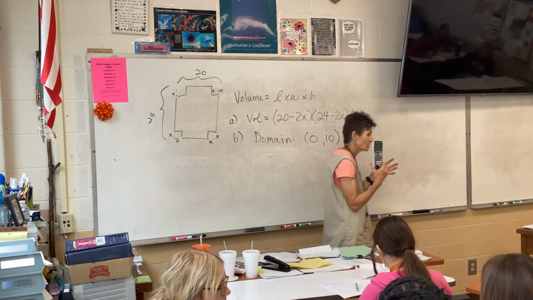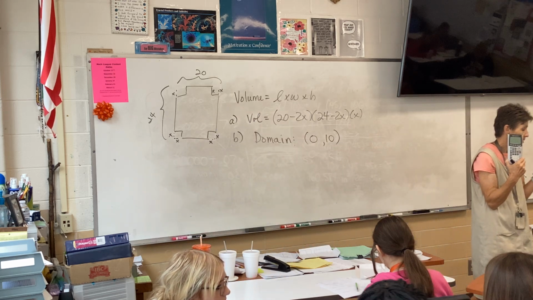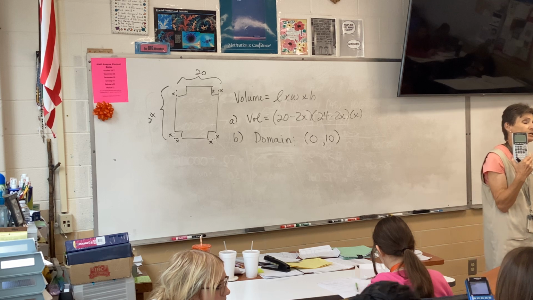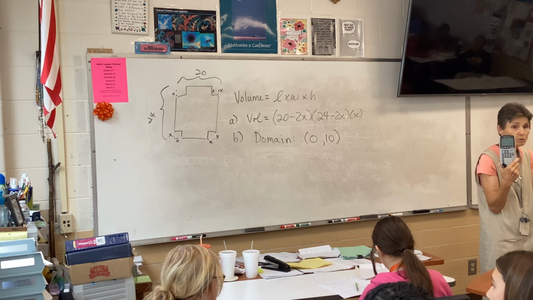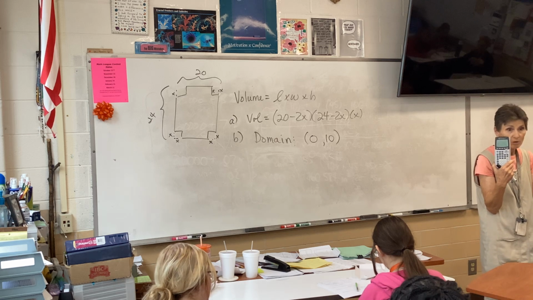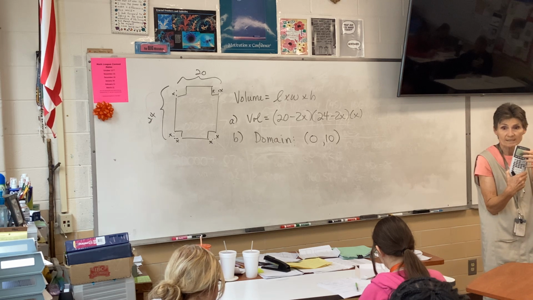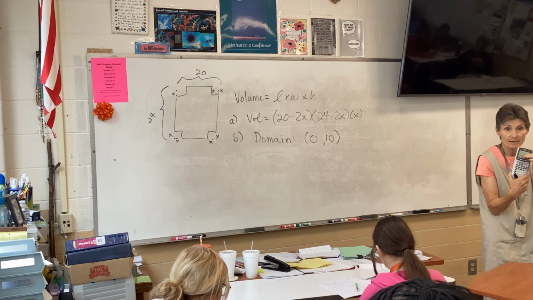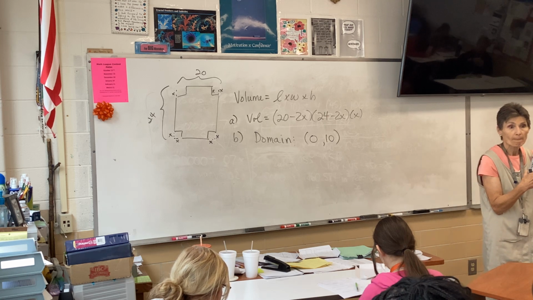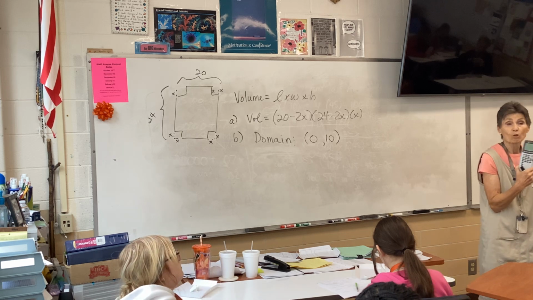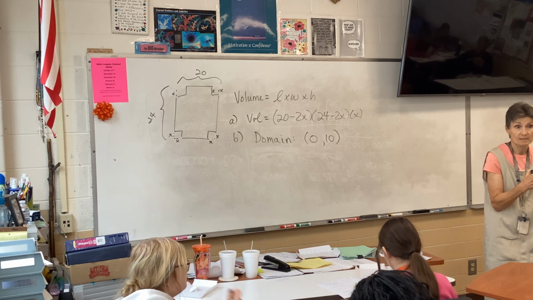Could you use a number other than 1,000? Could you have used 1,200? Sure. Because the only goal is to see the top of the hill, right? So use whatever you want to use to see the top of the hill. Can you go smaller than 1,000? As long as you can see the top of the hill, yes.